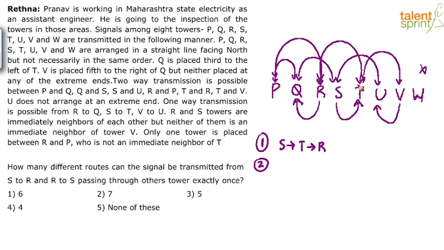Then S to T, maybe T to V, V to U. But from U, going back to S is not allowed, because we have to pass through the towers exactly once. So that's the only way from S to R.